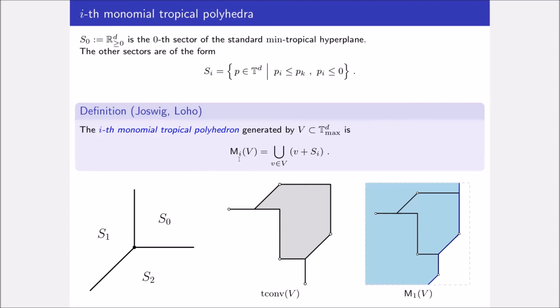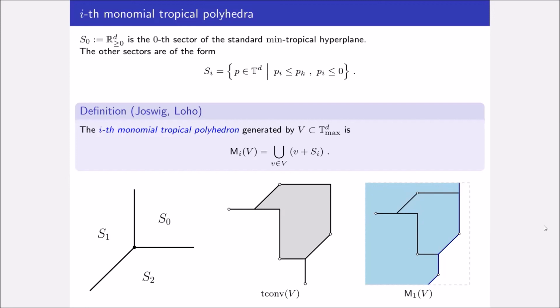And if we take M_0, then this is just the monomial tropical polyhedron we were looking at before. So here's a very, very quick example. I have a polytope here generated by V. I take its first monomial tropical polyhedron and I just sum on the first sector to each vertex. It turns out that I only need to consider these two. Everything else is already contained in there.